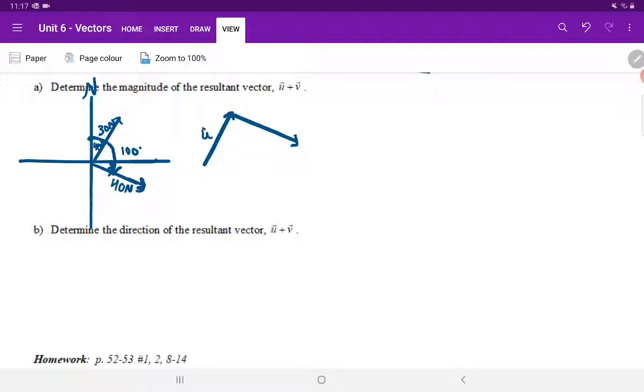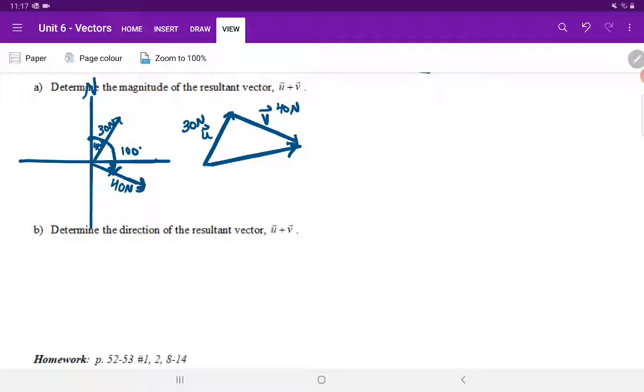So if this is u and this is v, and that's 30 newtons, this is 40 newtons. Okay, my resultant will be right here. But you can imagine here that we're going to have an issue figuring out some information here, right?